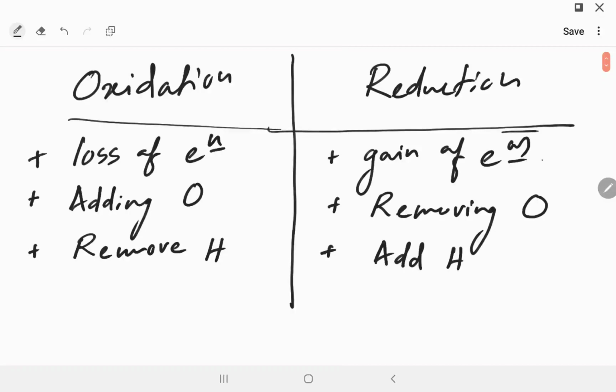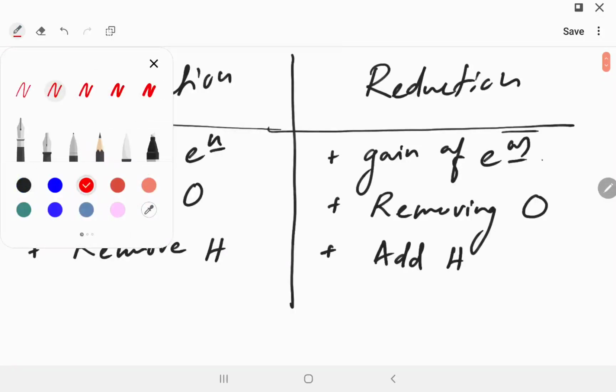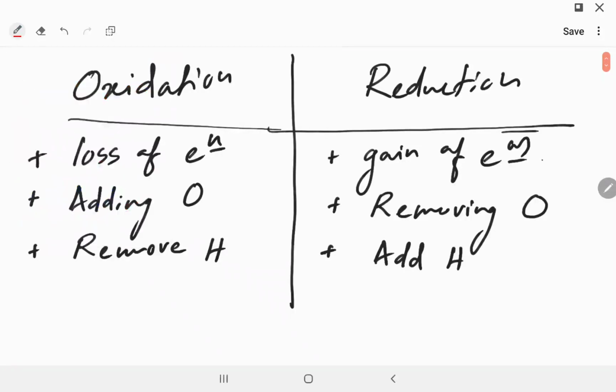In organic chemistry, tracking oxygen and hydrogen is actually very practical as compared to inorganic chemistry. Why? Because in organic compounds, it is always common to have hydrogen and oxygen. So if you can track what happens to oxygens and hydrogens, you can easily identify oxidation and reduction.